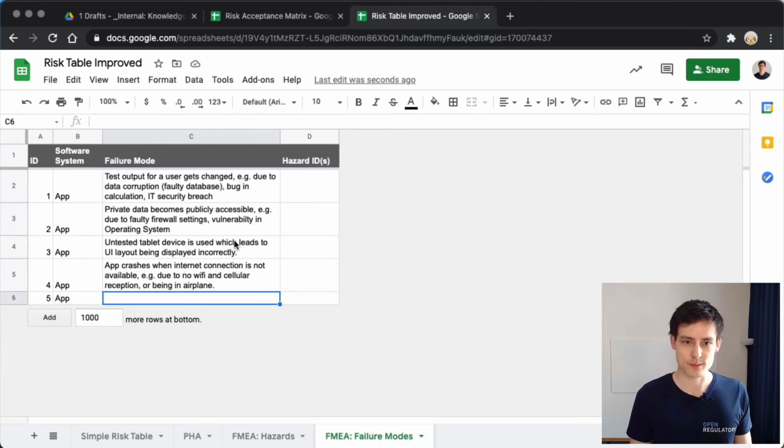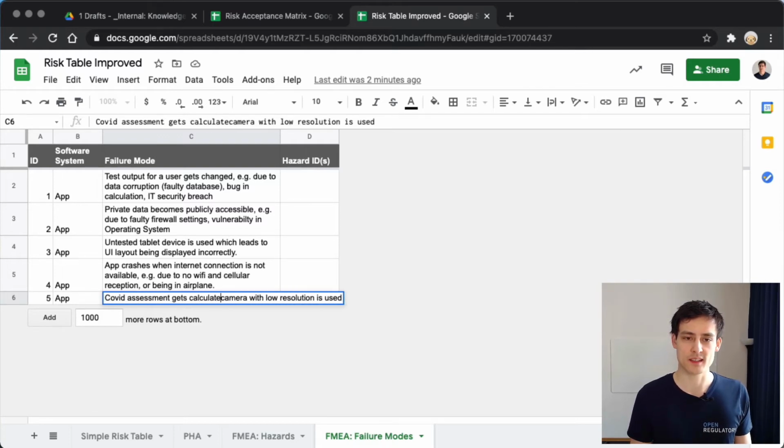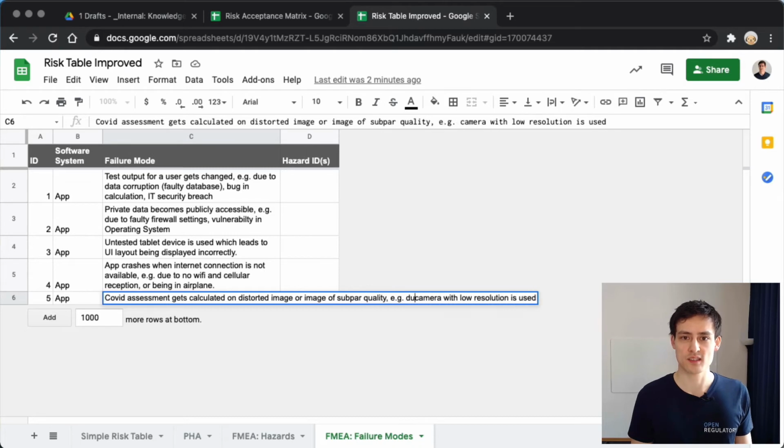So the failure mode here would be a camera with low resolution is used, but that's more like the cause, right? The failure mode would be: COVID assessment gets calculated on a distorted image or an image of mediocre or subpar quality, e.g. due to a low resolution camera being used.